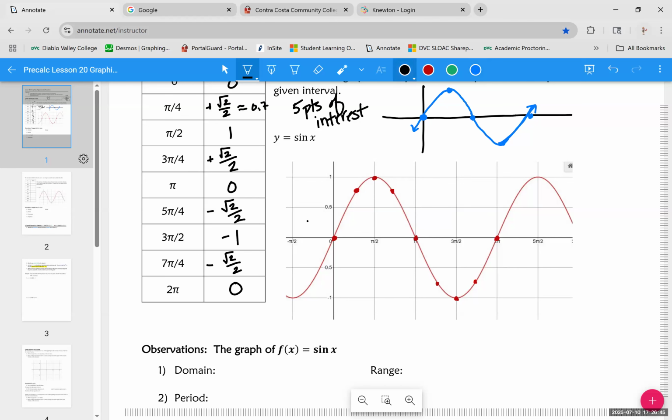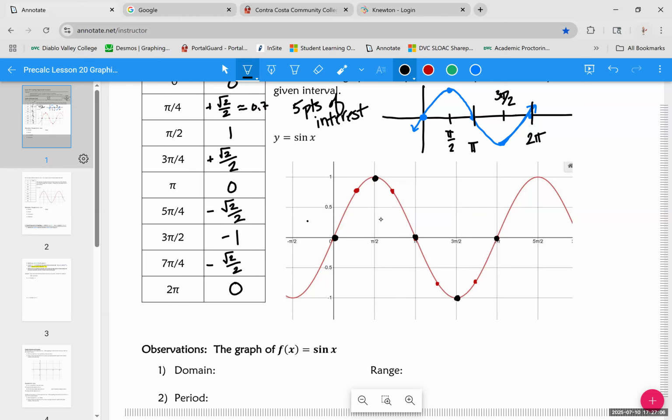So that happens between 0 and 2 pi, the middle being pi, and each one of these being those halfway points in between. So those 5 points are going to be the points that we will translate when we start moving these up, down, left, right, etc. Okay.